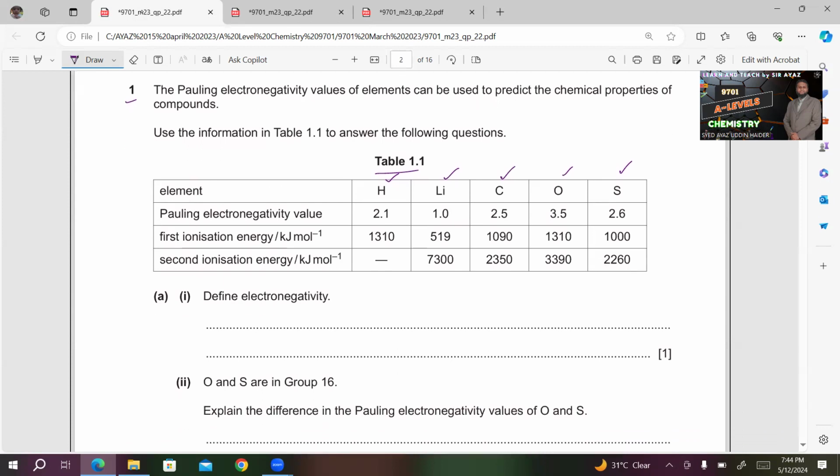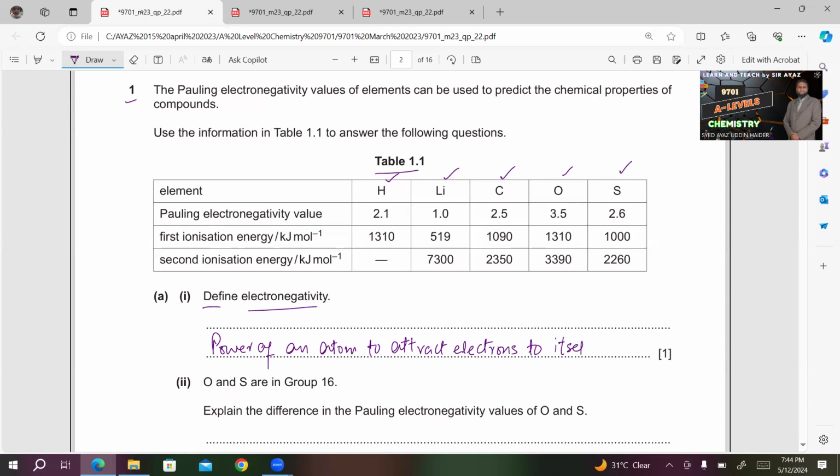Part A, number 1, define electronegativity. You know it's the power of an atom to attract electrons to itself. So you write power of an atom to attract electrons to itself.